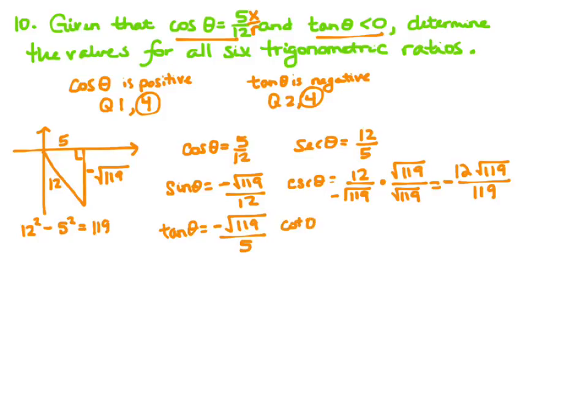And cotangent theta is going to be the reciprocal of that, x over y, 5 over negative square root of 119. And one more time, we've got to get rid of that radical in the denominator. So I get 5 times the square root of 119 over 119. And this one is also negative.